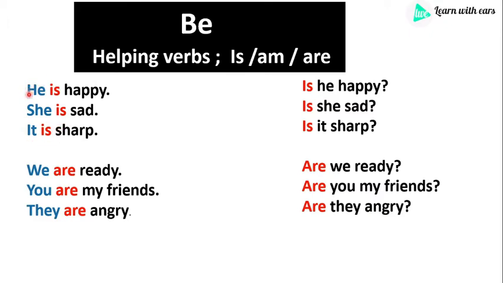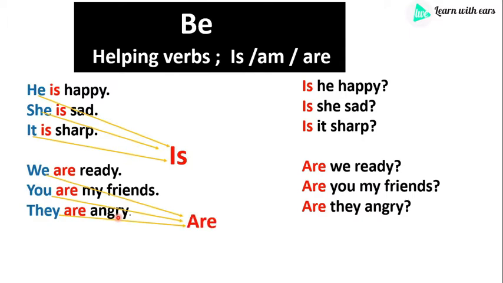These are singular subjects and with singular subjects we use is. And we, you, they, these are plural. With plural we use are. So these are singular subjects, these are plural subjects. With singular we use is, with plural we use are.